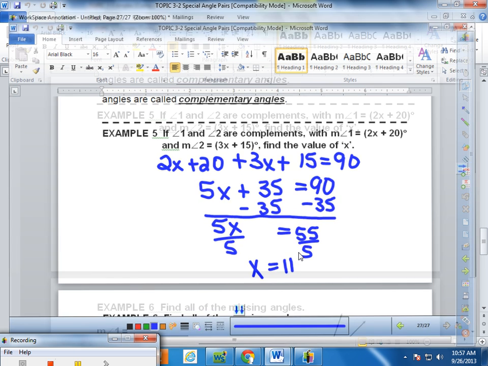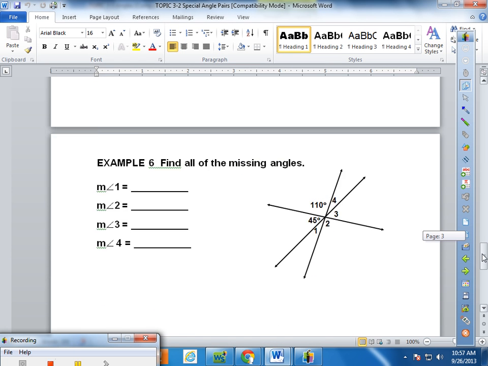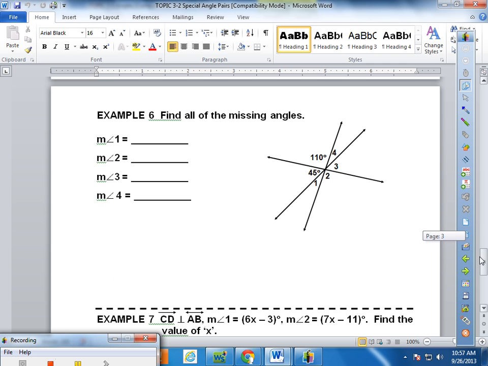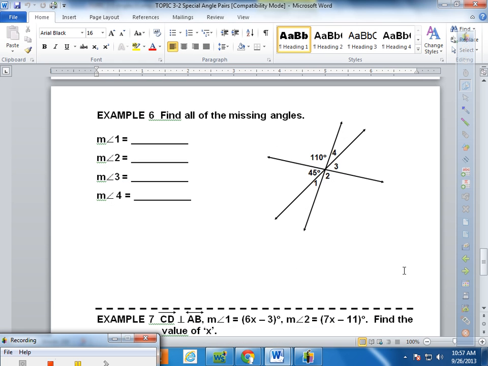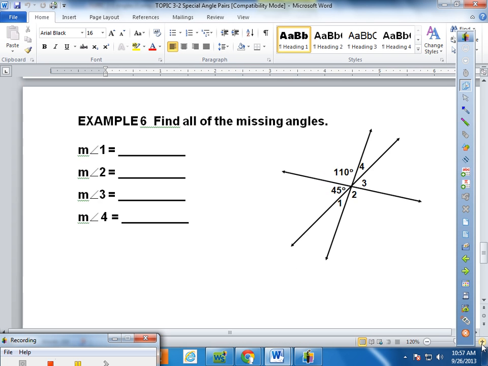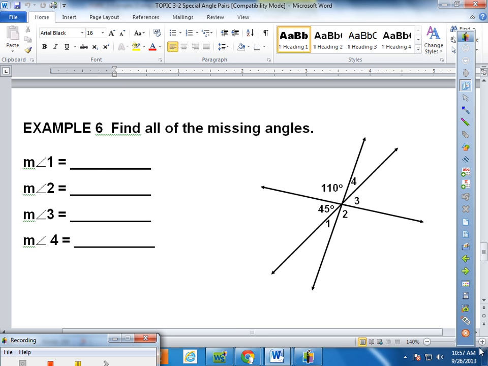All right. Moving on to the last page and the last two examples. Find all of the missing angles. All right, let's take what we know. In the picture, they tell me I've got an angle of 110 degrees, I've got an angle of 45 degrees. And let's make this a little bigger so we can see it.